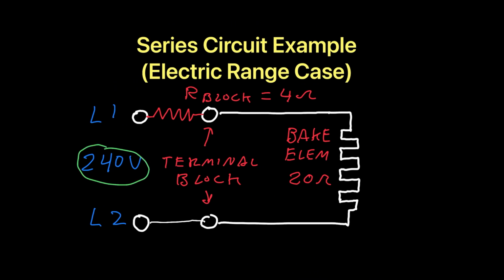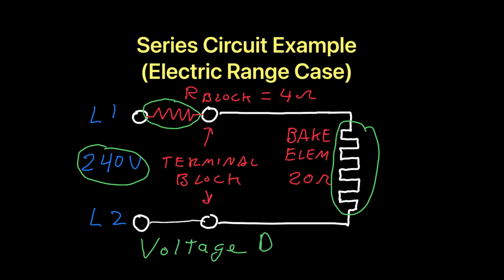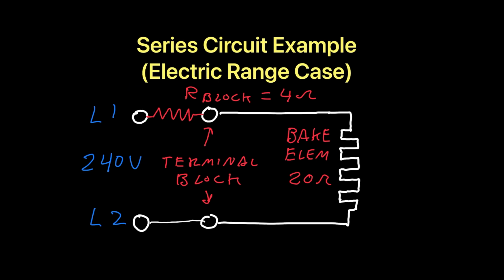Here's your voltage source, your loose terminal block denoted by a resistor of 4 ohms, and your 20 ohm element. What we have here is actually a voltage divider. So some of the supply voltage will appear across the element while the remainder will be lost across the terminal block's loose connection. Let's find out what they are.